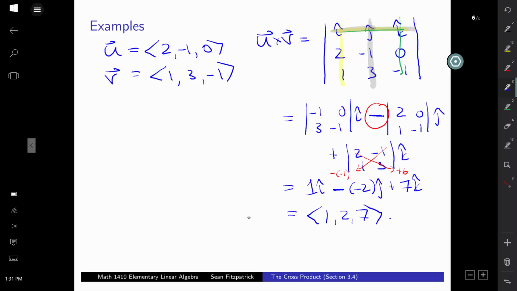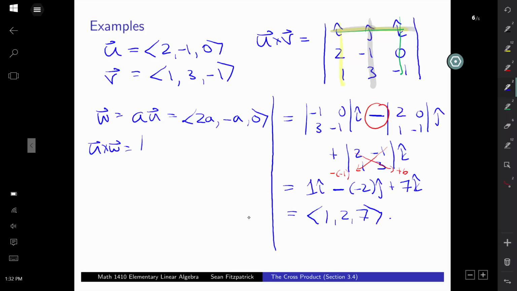But as far as the parallel vector rule, let's say I take W to be any a times u, where a is some number, right? So (2a, minus a, 0). And if you think about what happens when you do u cross w, so I, j, k, and I'd have 2, minus 1, 0, 2a, minus a, 0, and you expand.